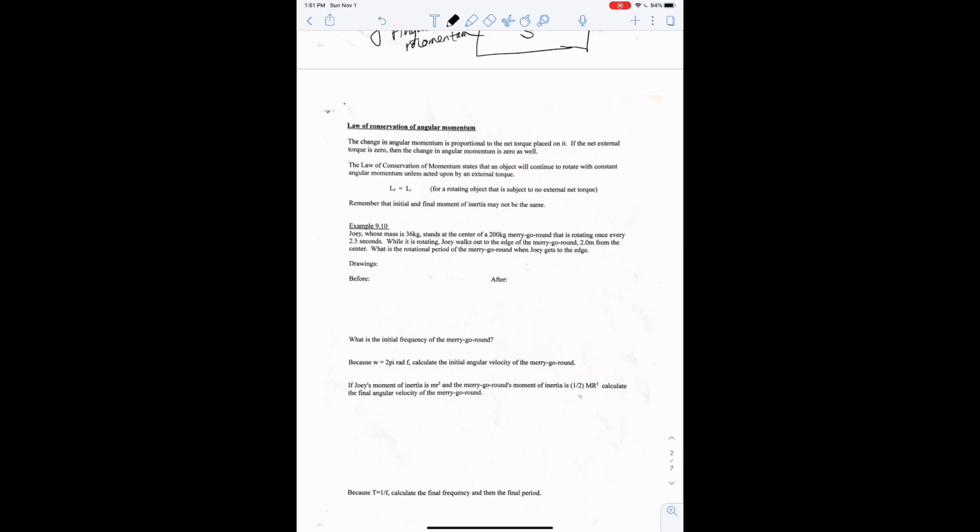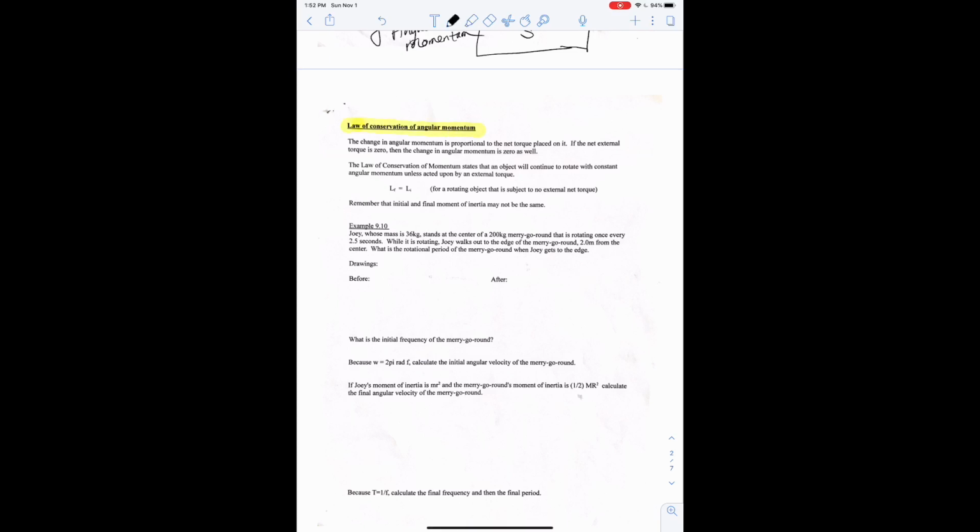Once again, we're going to kind of skip this next part because we already kind of talked about it, that the law of conservation of momentum exists when there's no external force. The law of conservation of angular momentum exists when there's no external torque.